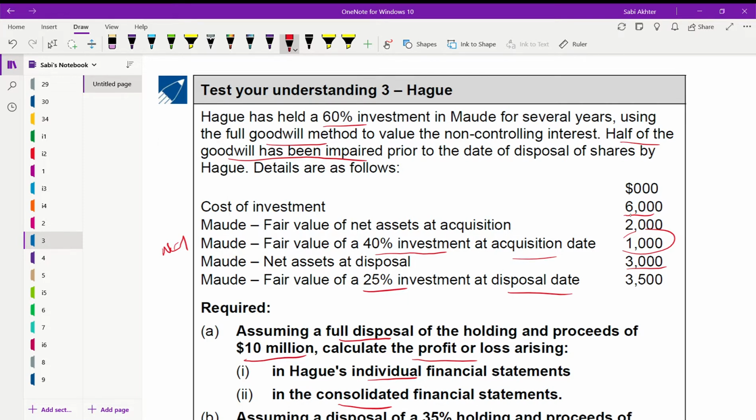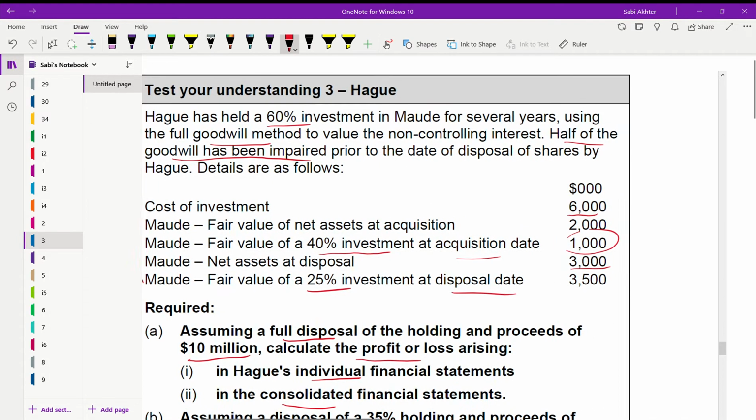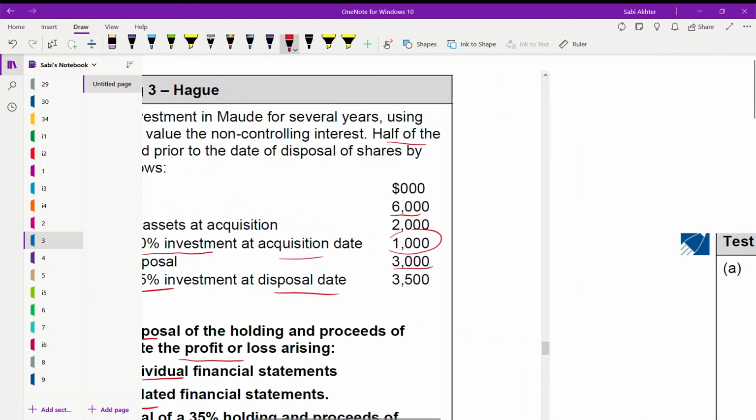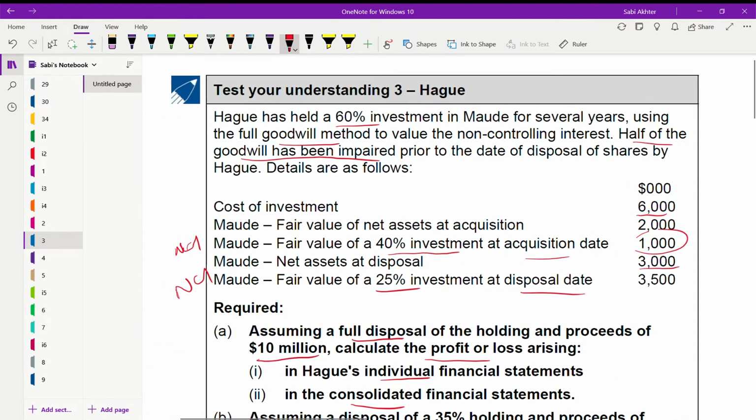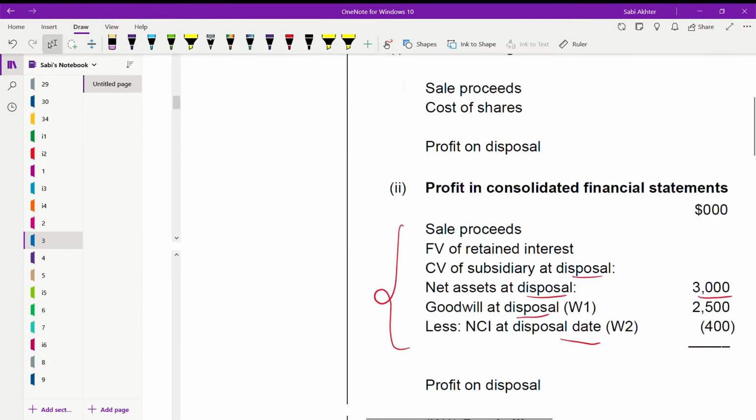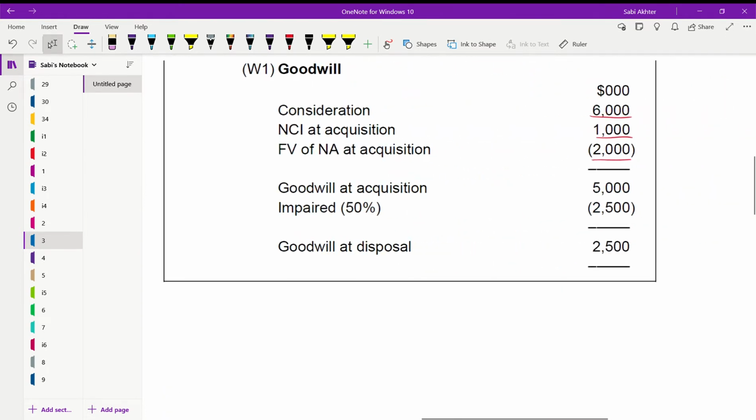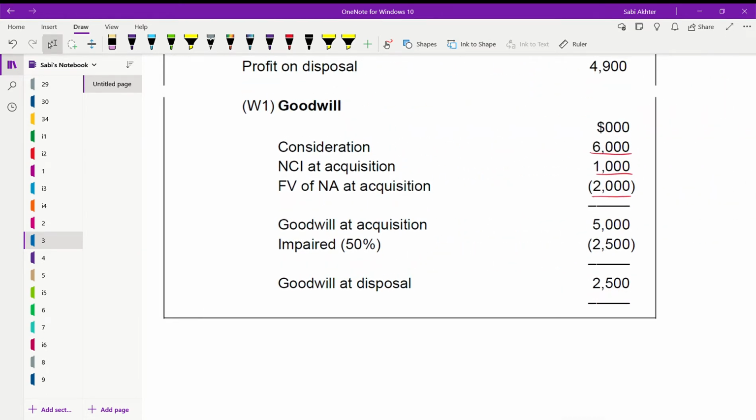And this 25% is also NCI, at the date of disposal. So from that table, you deduct, and goodwill is impaired 50%, hence this is the goodwill at disposal.